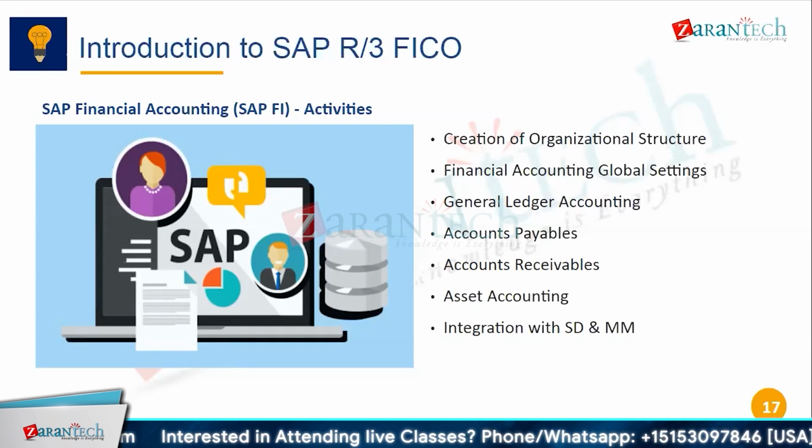It is very uniform. You have your organization structure, you have your master record, you have your transactional data, and then you have your reports. No matter what module or which area of SAP you're in, this will be a constant.